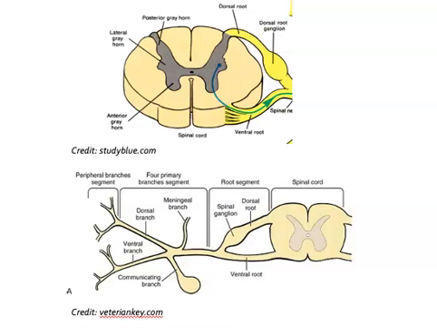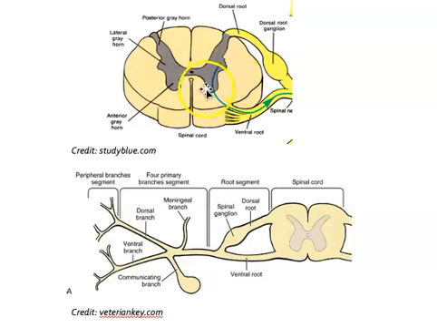On this slide are a couple of diagrams that we've seen before. Again, just to remind us, up at the top, you're looking at a cross section or a transverse section through the spinal cord. You can see the gray matter in the center and the white matter surrounding it.